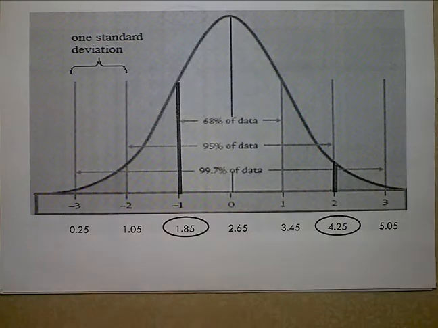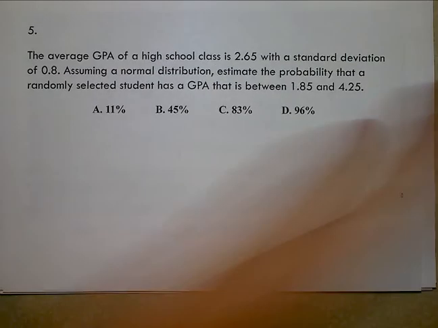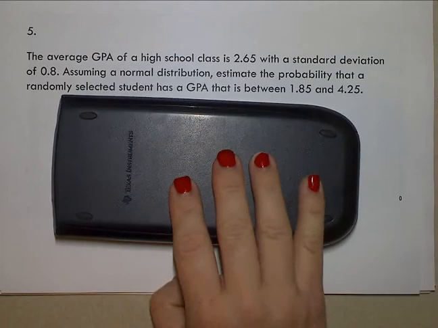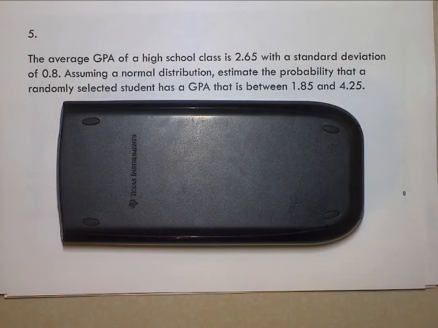On to number 5. I'd like you to forget about these possible answers. The average GPA of a high school class is 2.56 with a standard deviation of 0.8. Assuming a normal distribution, estimate the probability that a randomly selected student has a GPA between 1.85 and 4.26.